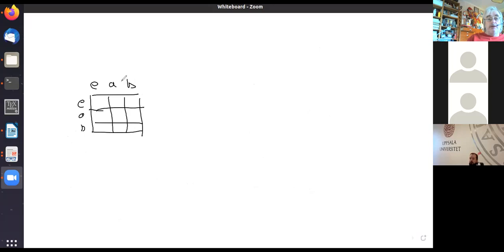And the main row and column here is the same, because multiplication by unit doesn't change anything. But multiplication by A and A can't be A, but it can be E or B. What should we choose?